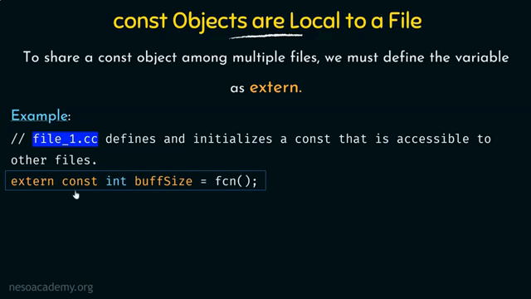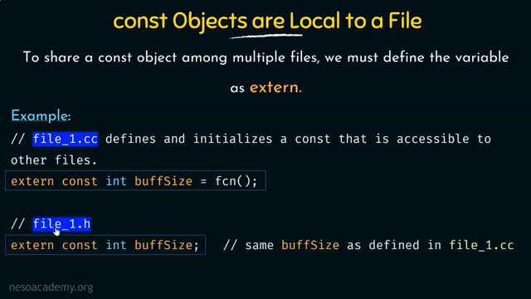So it is an extern constant variable of the type integer, and it is getting its value from some function called fcn. Now what it means is that whenever we are defining and initializing a constant as an extern, then it is specifying that it is accessible to other files too. So even though it is declared in this file1.cc, it will be accessible from other files too.